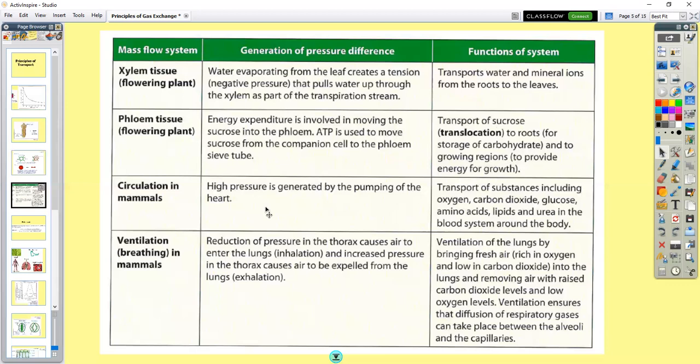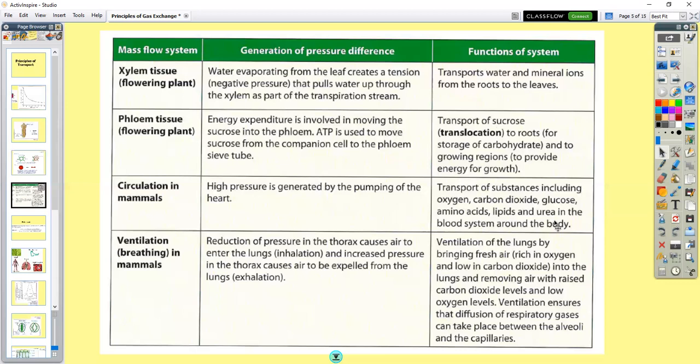Circulation in mammals, again, is by mass flow, so blood is transported around the body by the heart, which provides the pressure for that, so blood passes all around the body, again, en masse, and it transports the different substances that the body needs or gets rid of, so oxygen, glucose, amino acids, carbon dioxide, urea, that the body will get rid of.